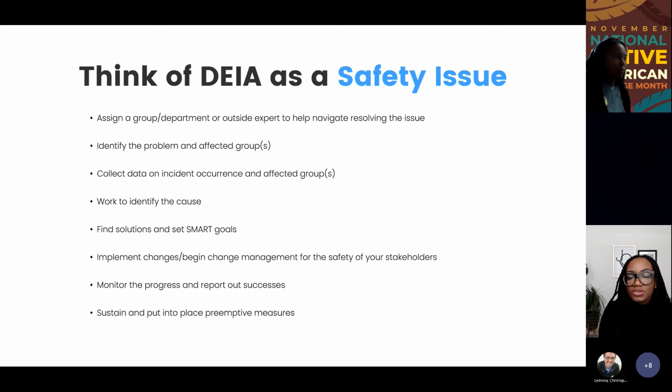You'd want to know their demographics, right? You'd also work to identify what is causing this. You'd do a root cause analysis. You'd find solutions. You'd set SMART goals. So there's so many different steps which you would take if it's a safety issue. And those are the same steps that you should take to be actionable about diversity, equity, and inclusion in your organization.